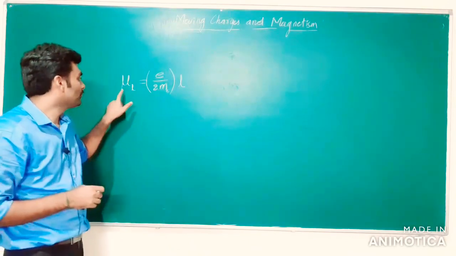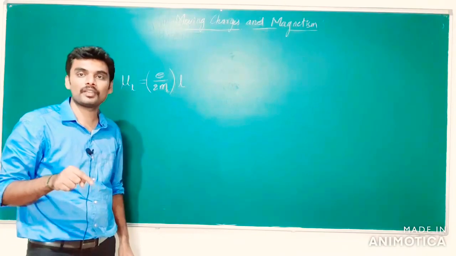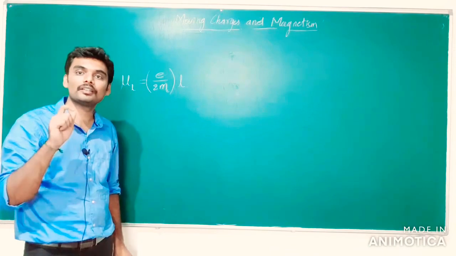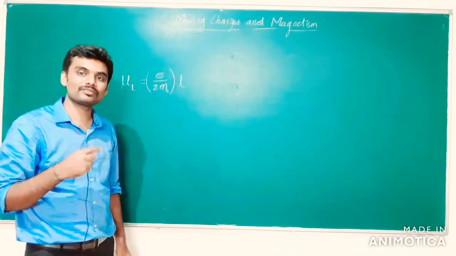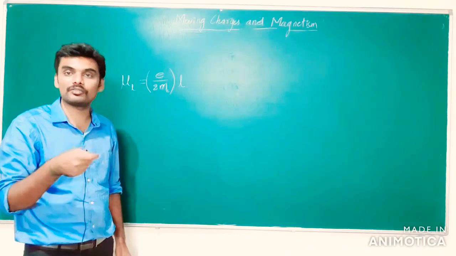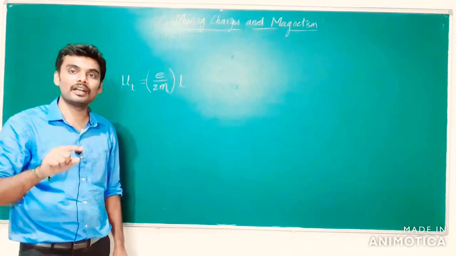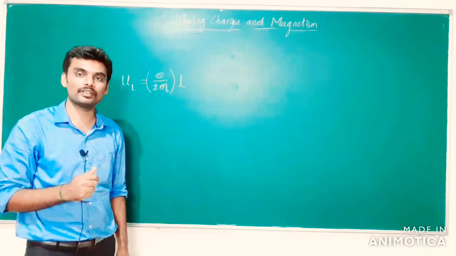But when it comes to magnetic moment, the direction matters, because current direction is decided by the direction of flow of positive charge. Here the particle revolving in the hydrogen atom is negatively charged, and hence the current would be exactly in the opposite direction, isn't it?